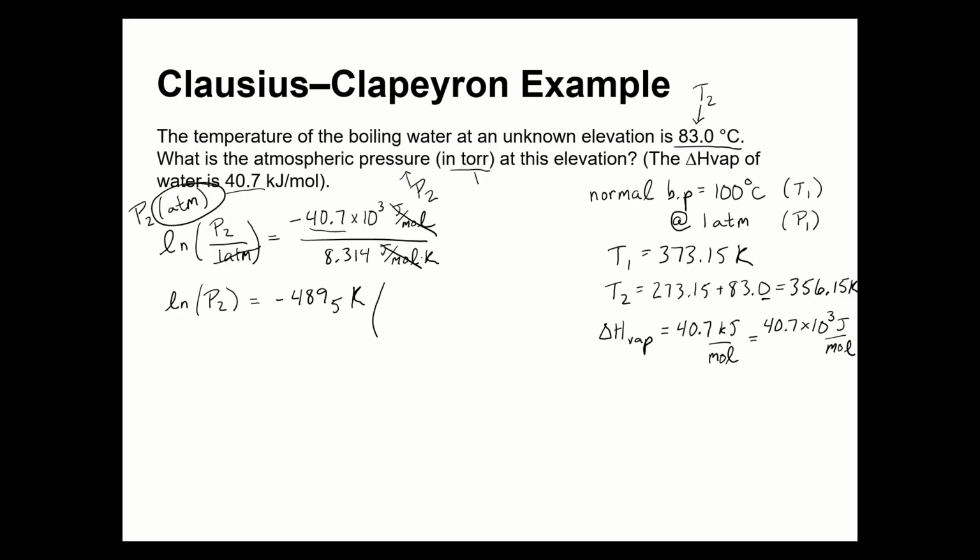Okay, and then we're going to multiply that by the inverse temperatures, 1 over T2, which is 356.15 minus the 1 over 373.15.